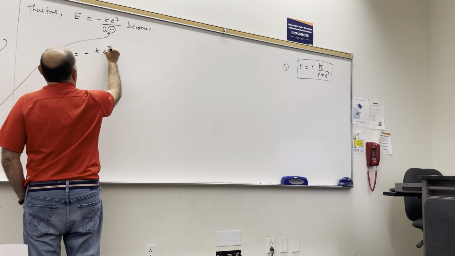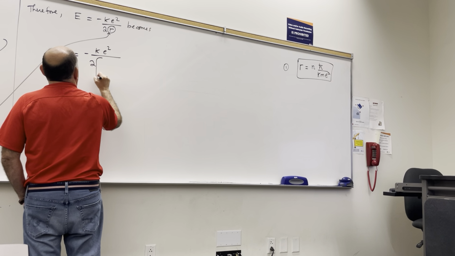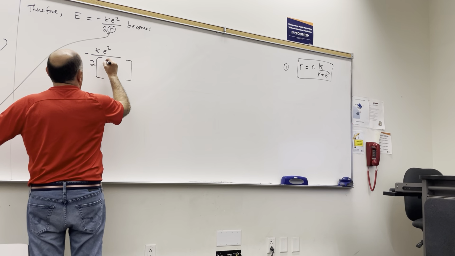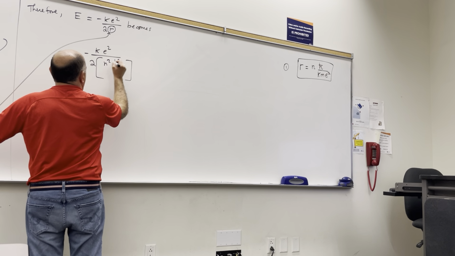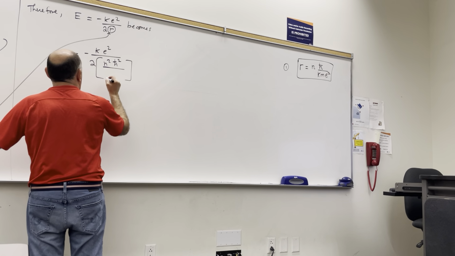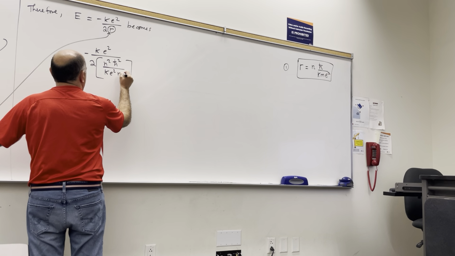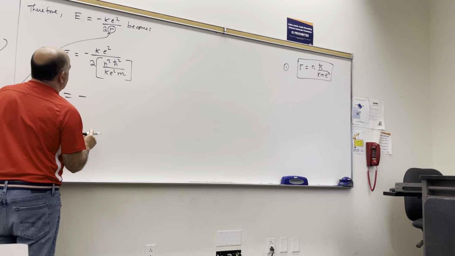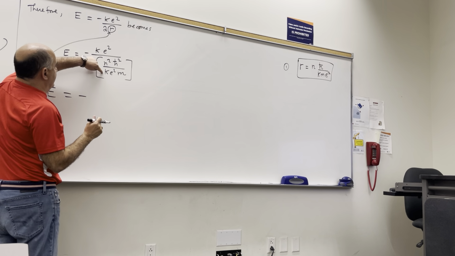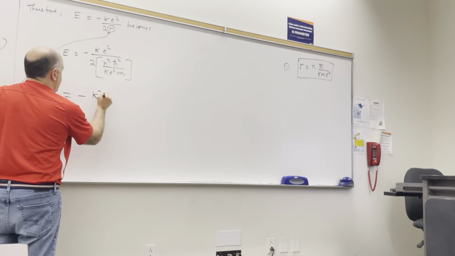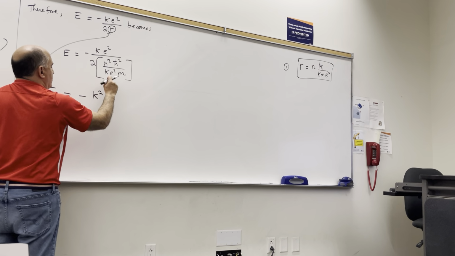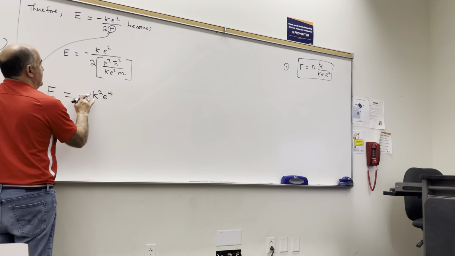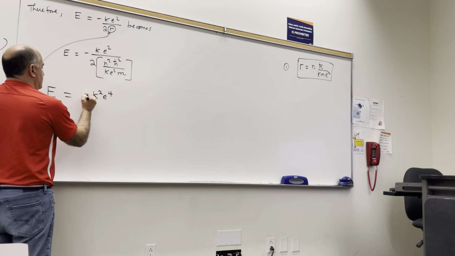So the energy equation becomes minus k e squared over 2, and then that r goes in here, which is n squared h bar squared over k e squared m. So the energy becomes minus, I have a k and a k, so that will be k squared, e squared, that's e to the fourth, and there's an m in there that goes upstairs, right?